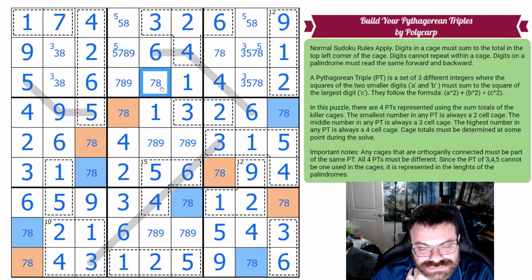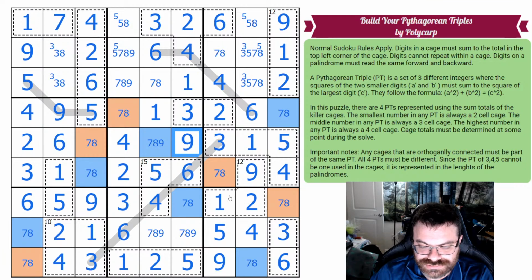You say it's orange? Ah, yeah, actually this one has to be blue. Where does blue go in this box? It has to go here. That makes this a 9. So now this is orange. So this is a 9. This is orange.